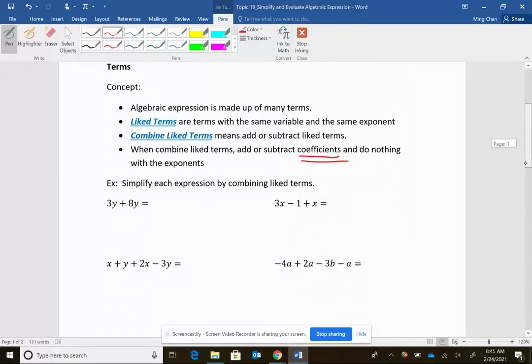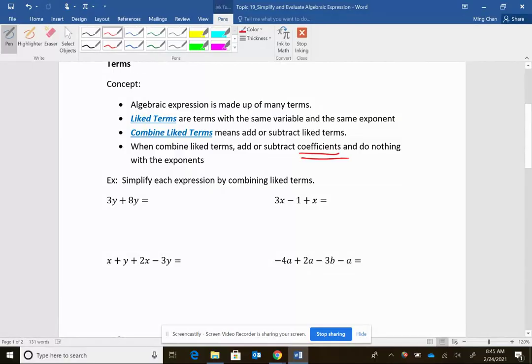So when we combine like terms, when we add and subtract, we only add and subtract coefficients and do nothing with the exponents. The exponents are what I use to identify the like terms. So I cannot add my exponents, because that would not make any sense, having a different exponent than what the problem started with.